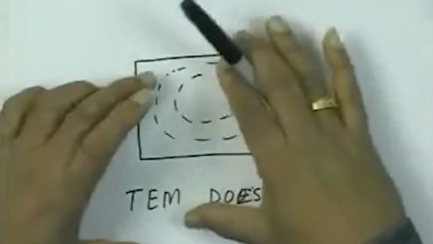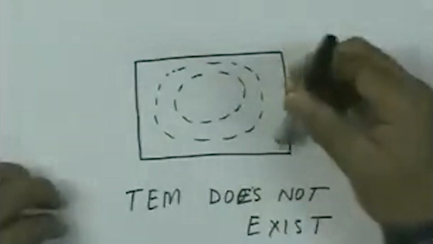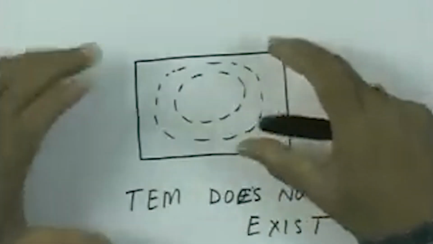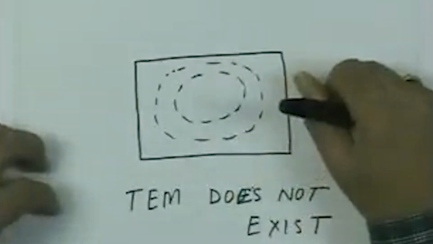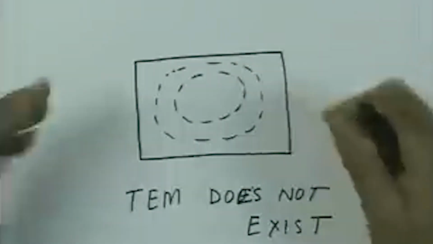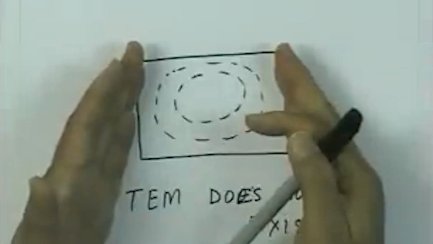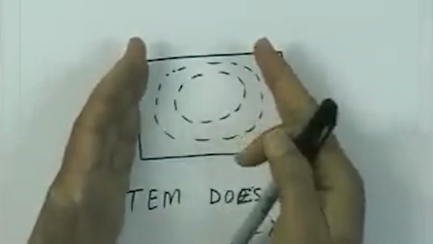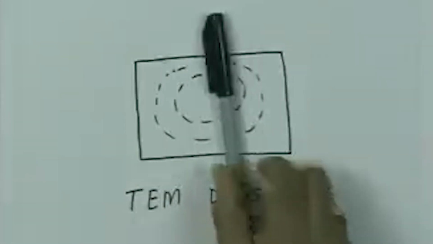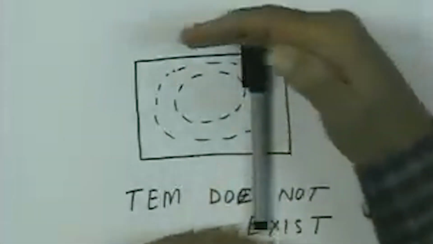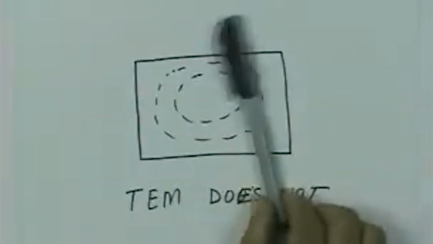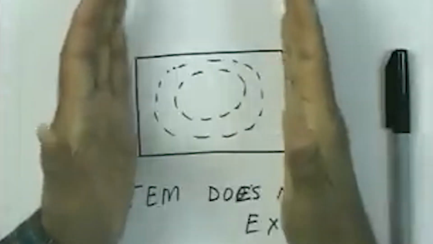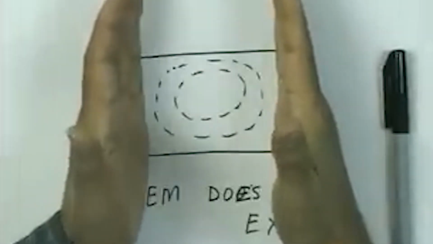Then one can ask a question, how was it existing in the parallel plane waveguide? And before we get into that question, let us first take the parallel plane waveguide as a limiting case of the rectangular waveguide. So, if I take this rectangular waveguide in which the TE10 mode is existing, that means the electric field is like this, and if I make this B equal to infinity, if I push this wall to infinity, essentially I will get a structure which will be the parallel plane structure, this plane and this plane.